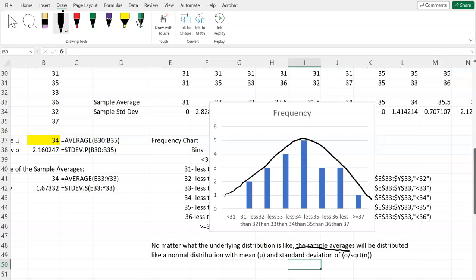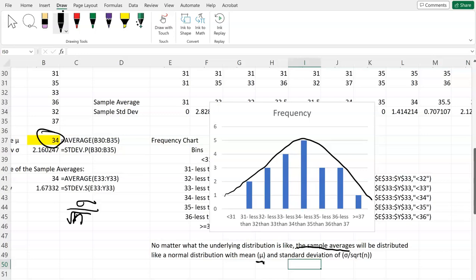Mine is not as nice, but if I had more observations, maybe if I increased my sample size, it will have a nice bell shape, and the mean is going to be the same as the population mean. And the standard deviation of this distribution is going to be the population standard deviation, sigma, divided by the square root of the sample size. And this is what we call the central limit theorem.